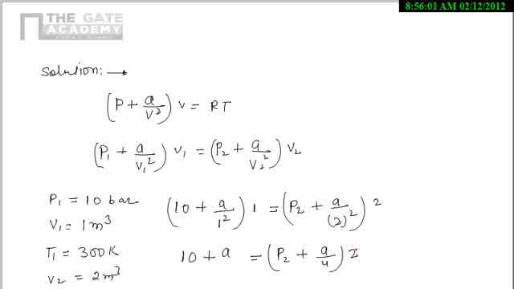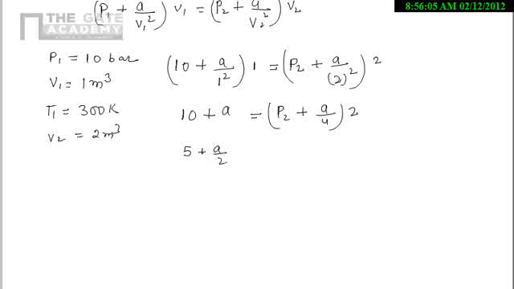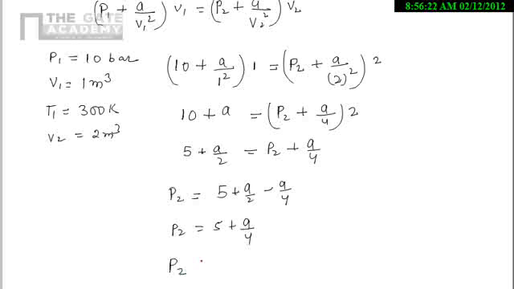So now we have 5 plus A by 2 equals P2 plus A by 4. So P2 will be 5 plus A by 2 minus A by 4. So P2 will be 5 plus A by 4. So the pressure P2 will be greater than 5.